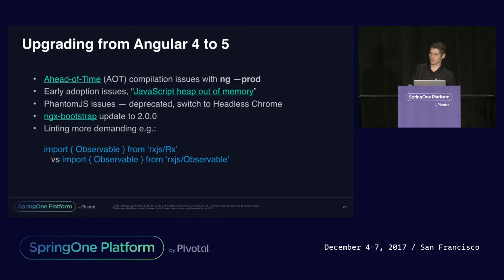Once we were on Angular 4, Angular 5 came around, of course. While the upgrade there was pretty much without any code changes at the application level, there was a whole bunch of stuff, particularly around AOT.